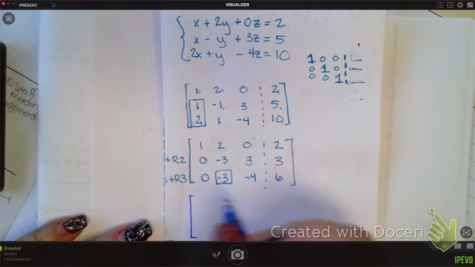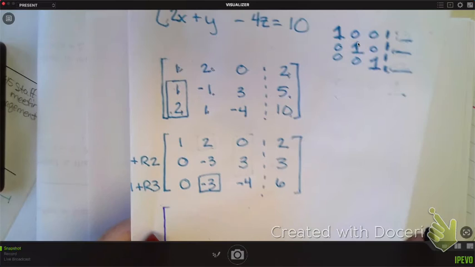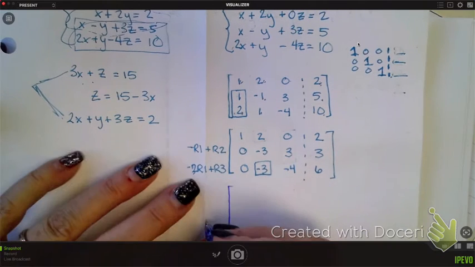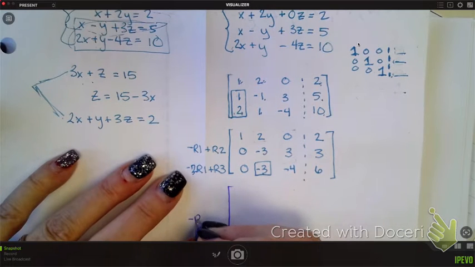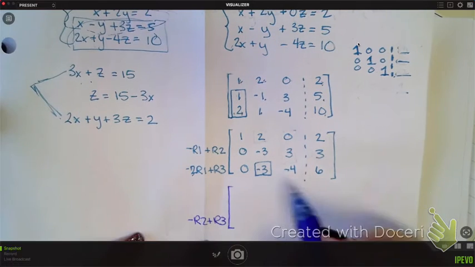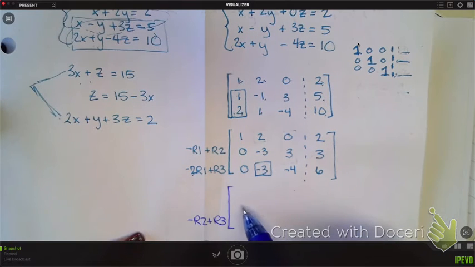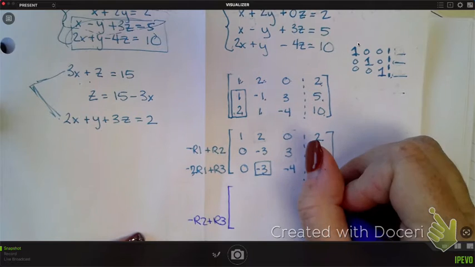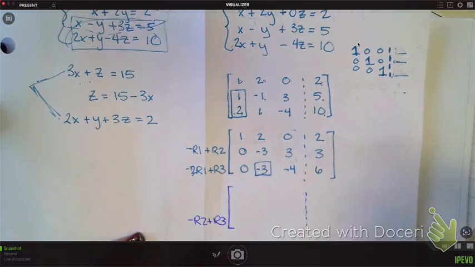Okay, so we are going to take -R2 plus R3. Am I changing row 1 or 2? No, so I'm going to bring down my augmented line and write them down.